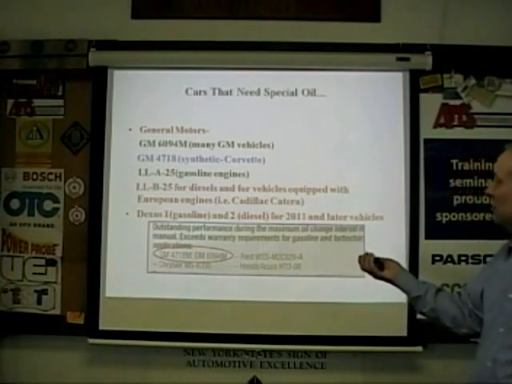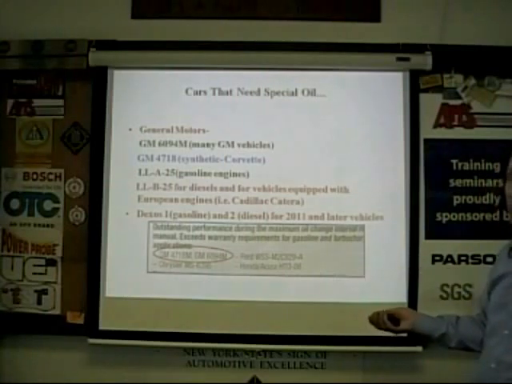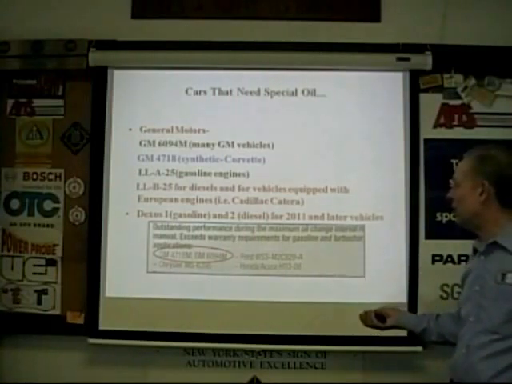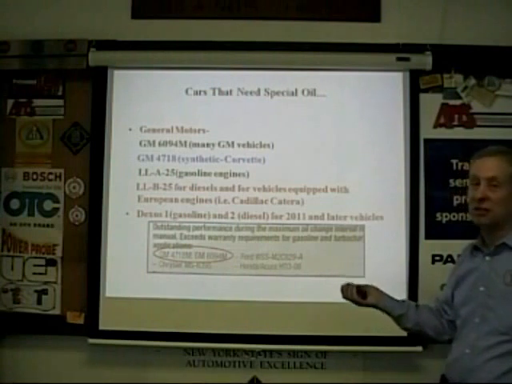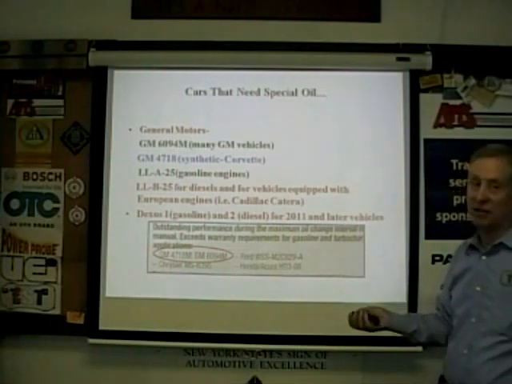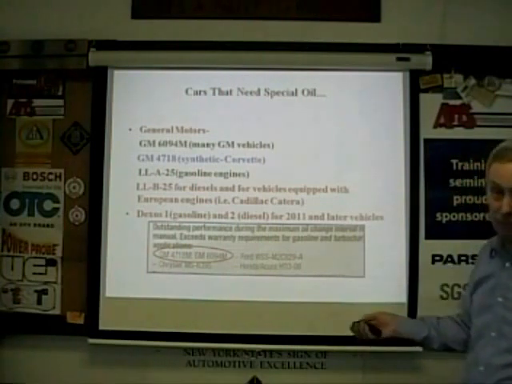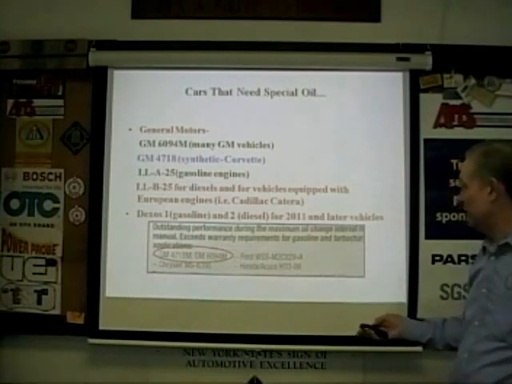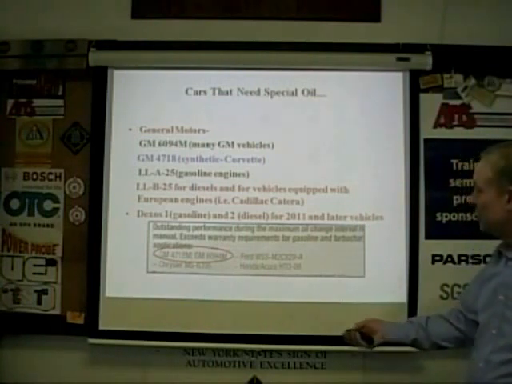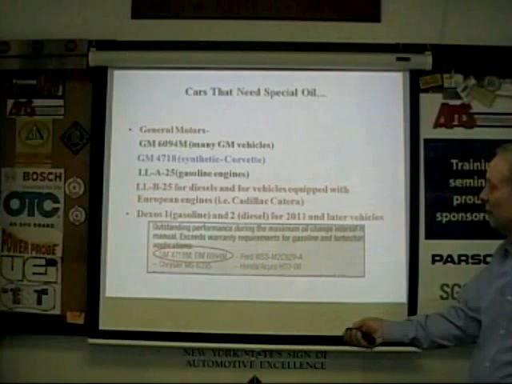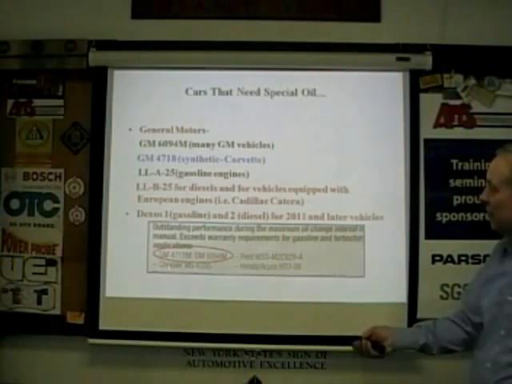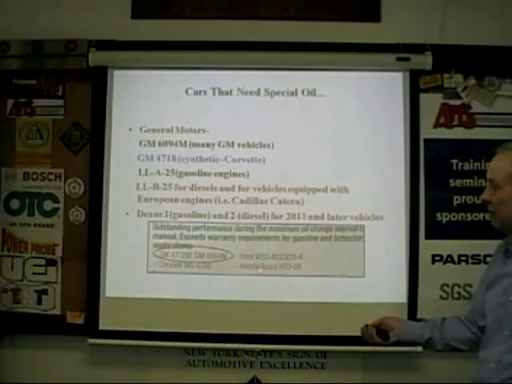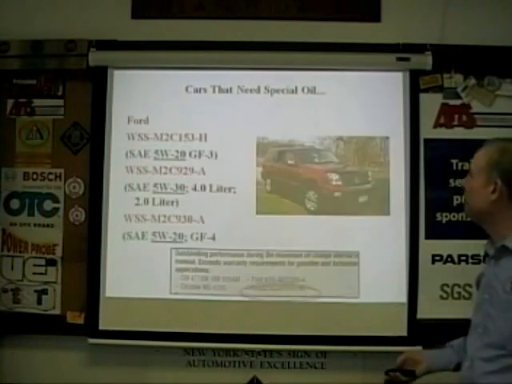The Dexos 2 is also the new global diesel GM oil, 2011 vehicles. GM's sticking to their guns on this, so everybody's going to have to jump on board or they're not going to be able to sell oil for GM. As you can see, by the way, this label also shows that even though it meets this GM spec, it also meets a Chrysler spec, a Ford spec, and a Honda Acura spec.